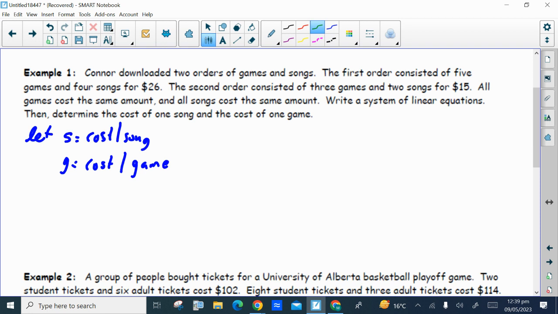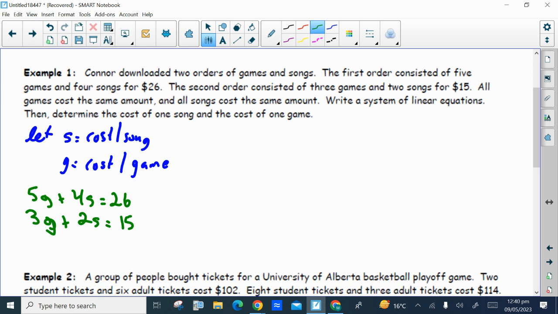So the first equation then will be for the first order. There were 5 games, so that's 5G, plus there were 4 songs, so that's 4S, and that total is 26. The second order consisted of 3 games, so that's 3G plus 2 songs is 2S equals $15. So there's our 2 equations.